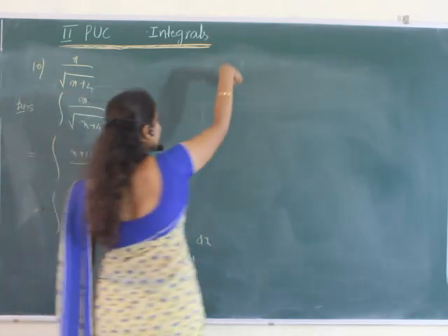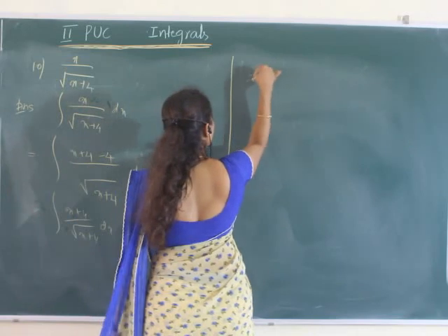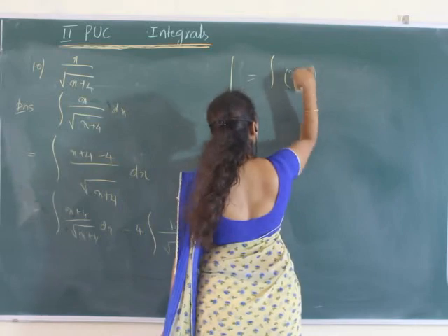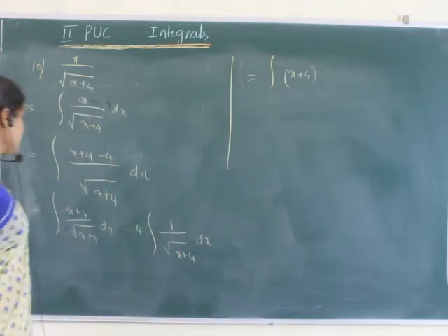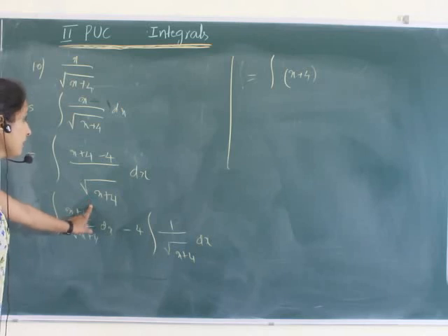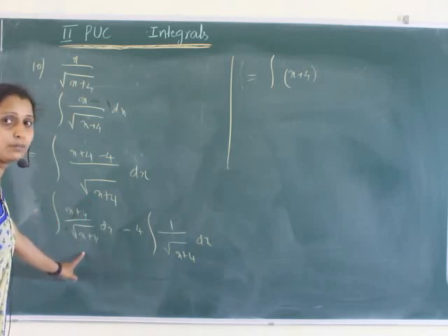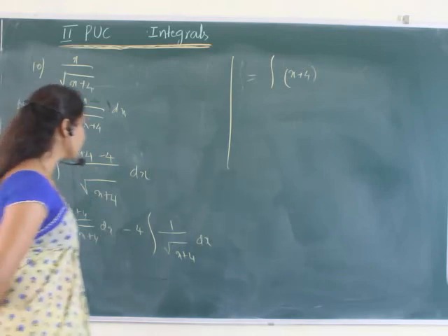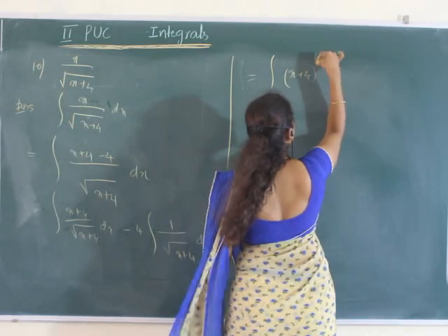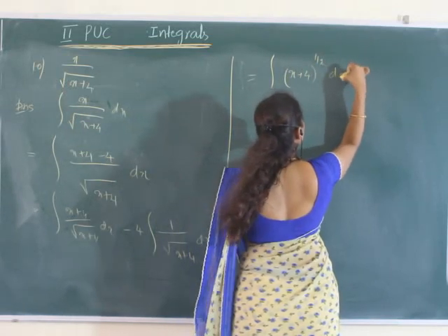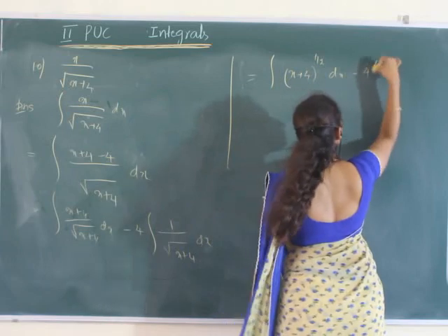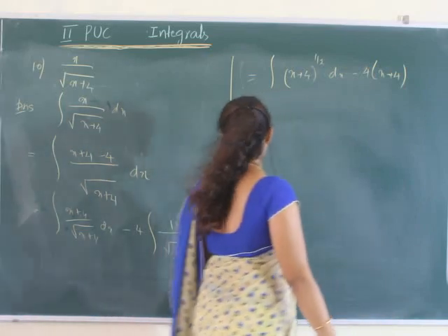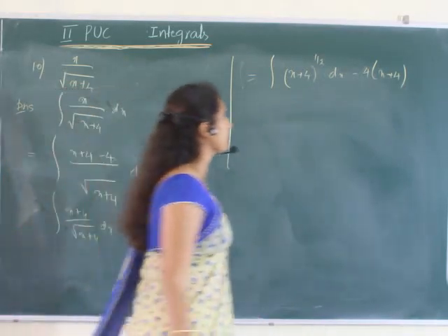So this will be equal to integral of x plus 4 to the power half dx minus 4 into integral of x plus 4 to the power minus half dx, where 1 by root goes to the numerator as minus half.